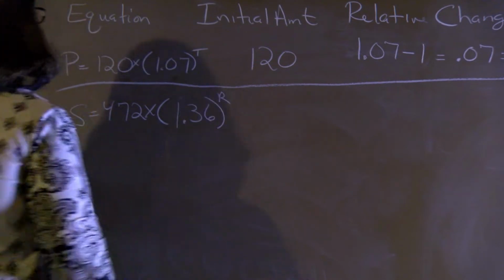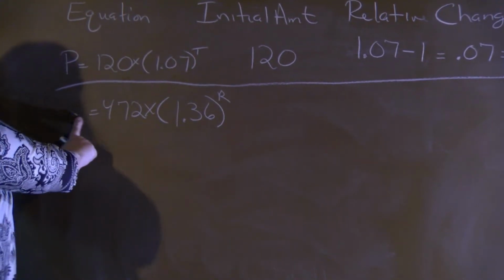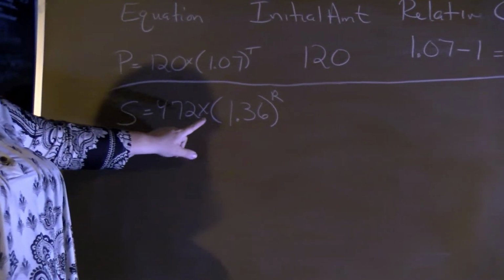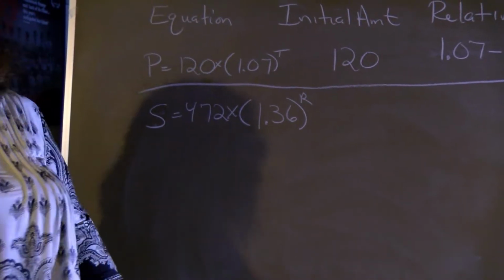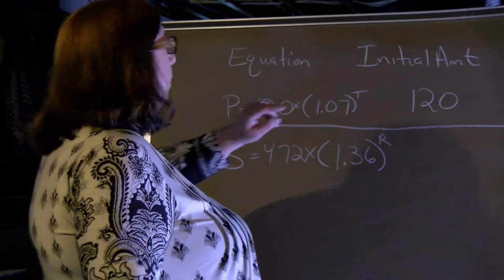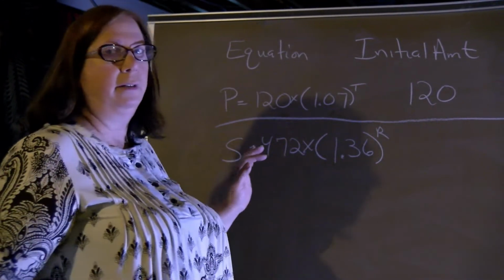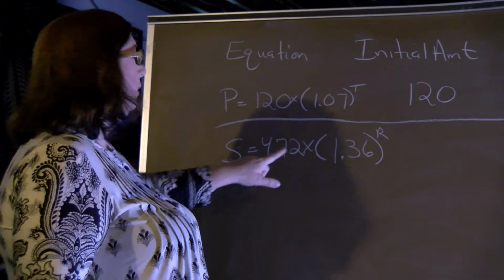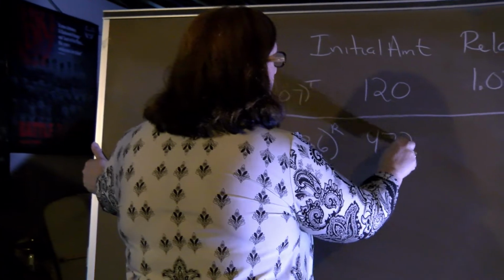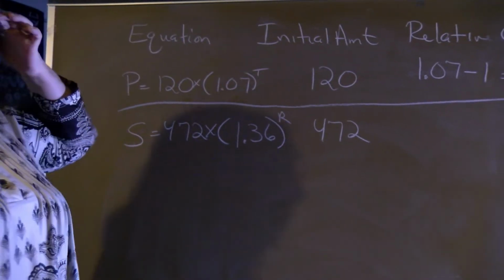Okay, so this is a terrible S, but it's an S. So S equals 472 times 1 and 3600ths to the T, or in this case the R. The initial amount is what? Yes, it's the 472. Well, then we need to find the relative change.